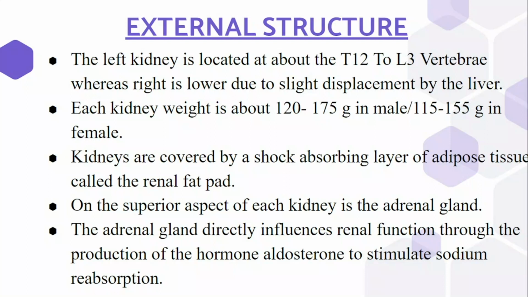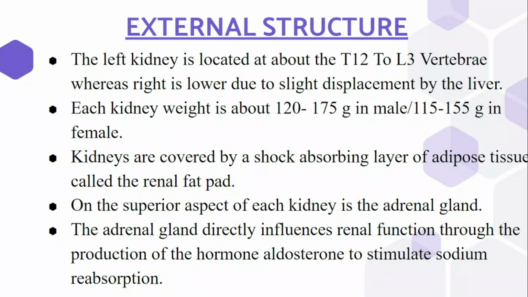Your kidneys are located here, whereas the right kidney is lower due to slight displacement by the liver. Clear? Each kidney weighs about 120 to 175 grams in males or 115 to 155 grams in females.